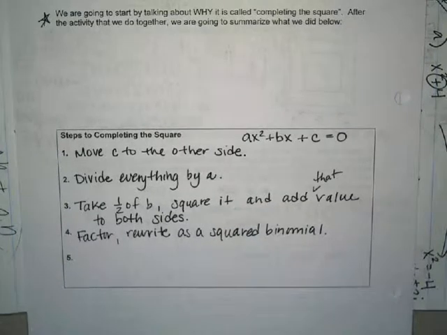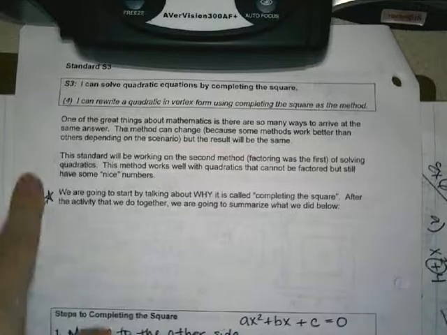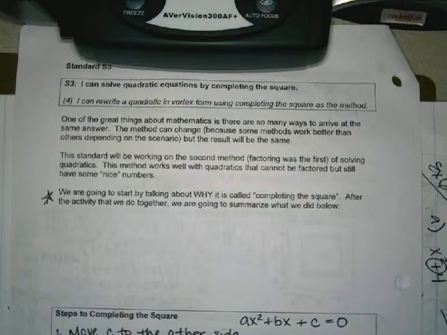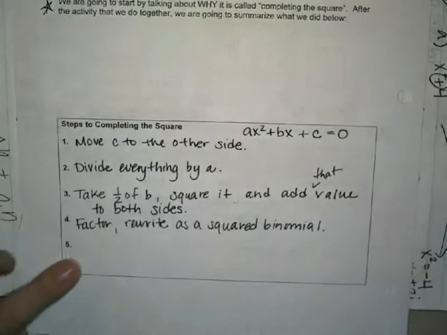Now, the 4 version, if you look back up at your standard, the 4 version is using this method to rewrite a quadratic in vertex form. So this fifth step is going to have 2 little things to it.